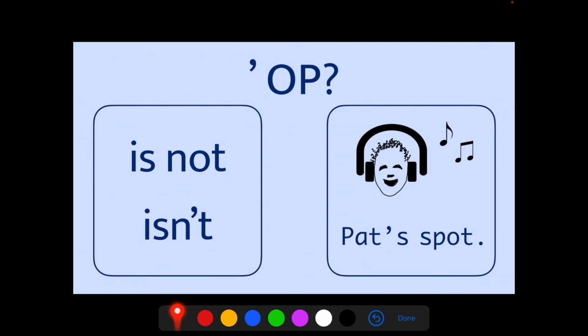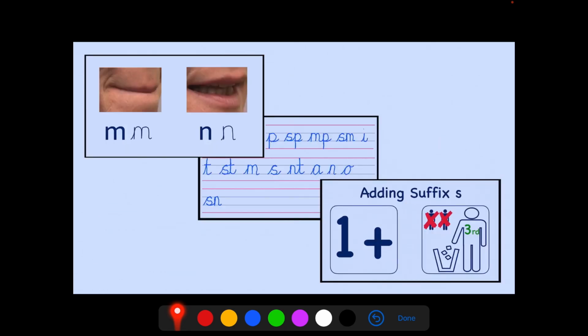We'd have written Pat's in the same way if we'd have been writing about Pat's music or about Pat's headphones. So those are our strategies and our routine.